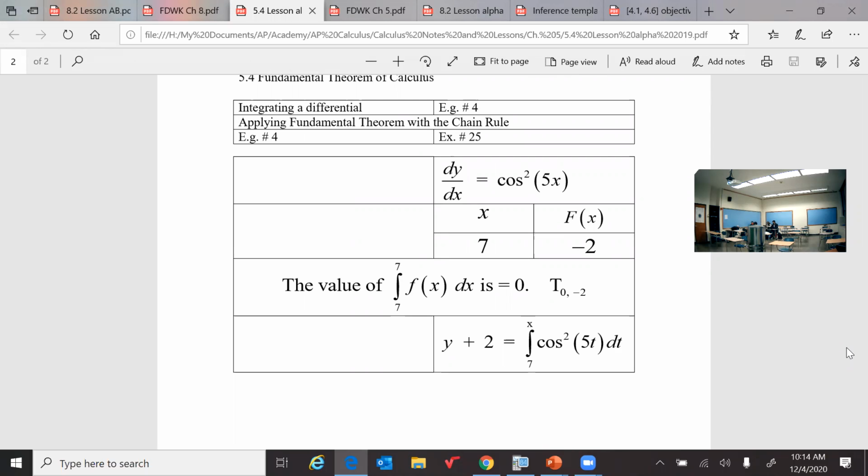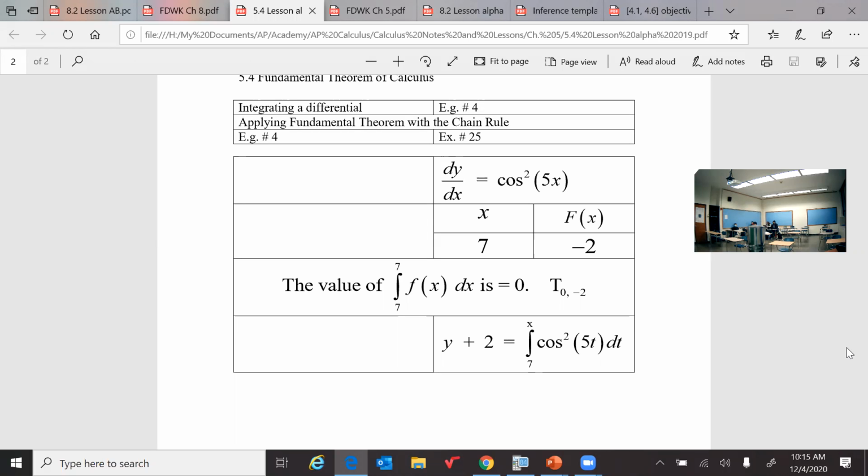The derivative is this, and the parent graph goes through the point (7, -2). So we're going to antidifferentiate the derivative. The lower limit is going to be 7. It's given. So if we go from 7 to 7, we would get a 0. We don't want (7, 0). We want (7, -2). So to slide the graph down, we replace y with y plus 2.